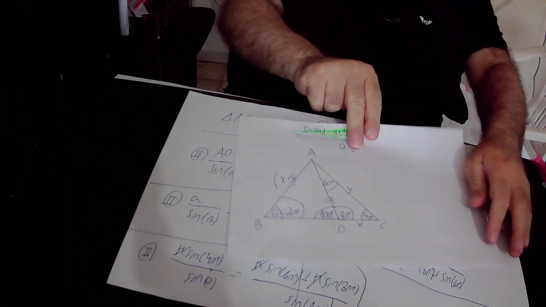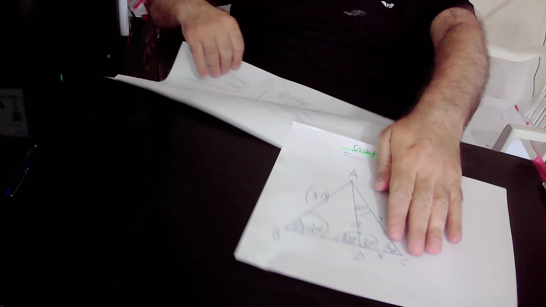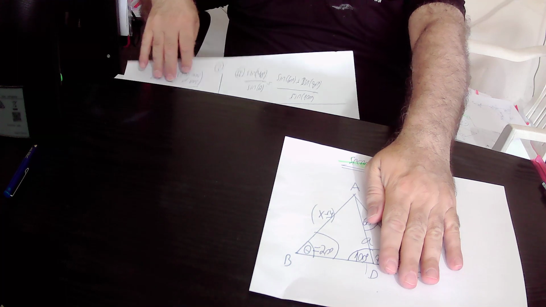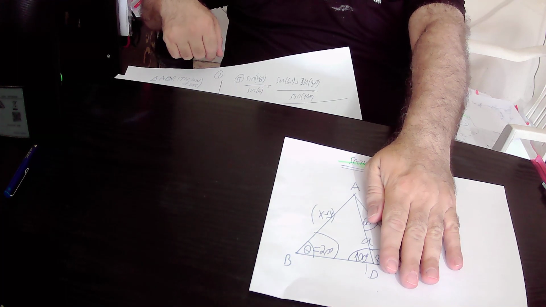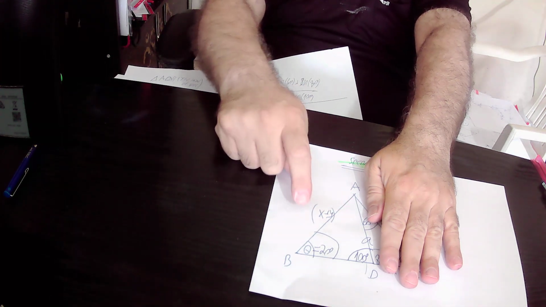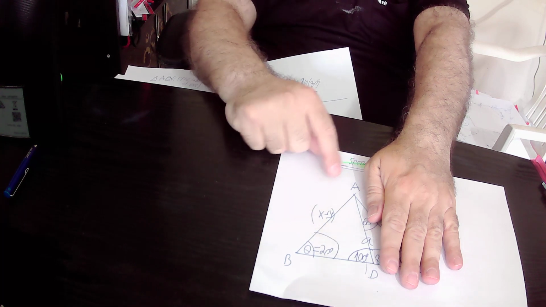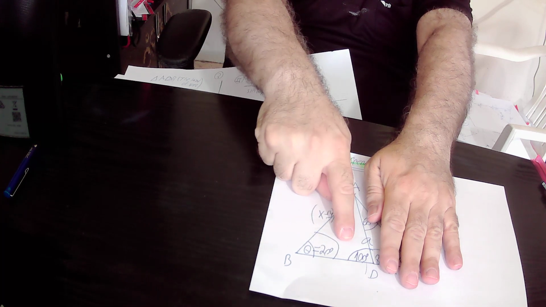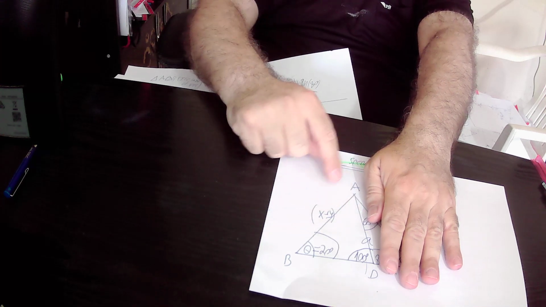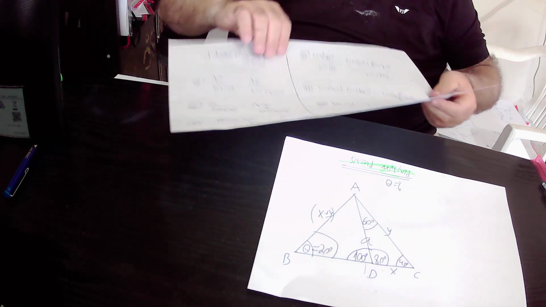Then we focus on triangle ADB, and we implement the law of sines in this triangle ADB. According to the law of sines, we get that AD over sine theta equals AB over sine 100 degrees. I'll repeat again.